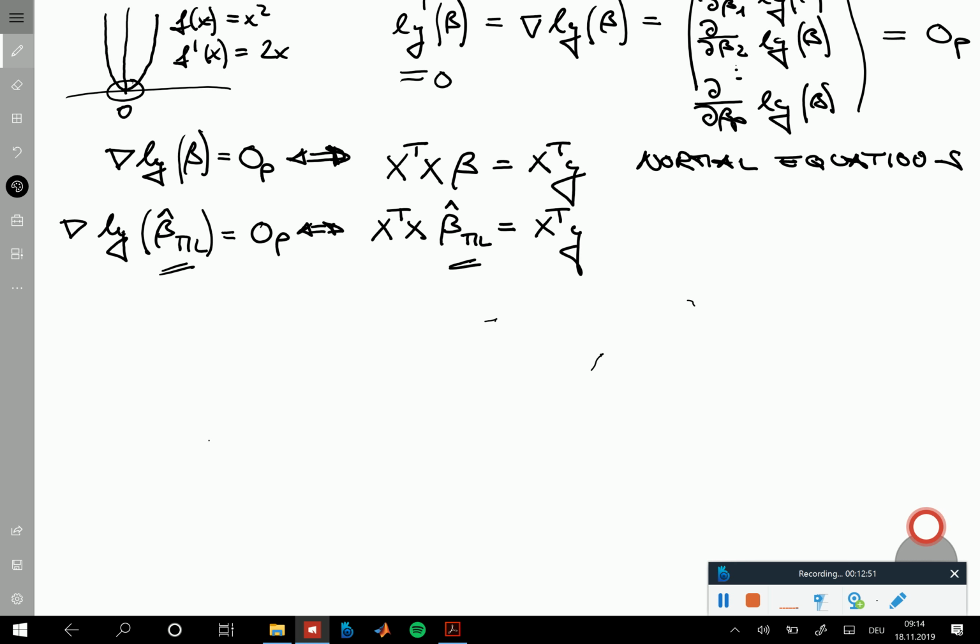It's just saying this equation. Saying that the gradient at the location of the maximum likelihood estimate is 0 is the same as saying that this side is equal to this.